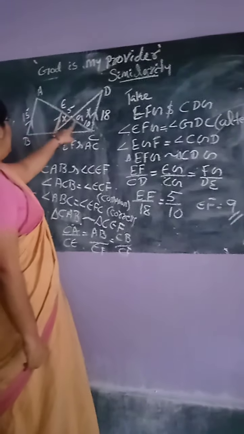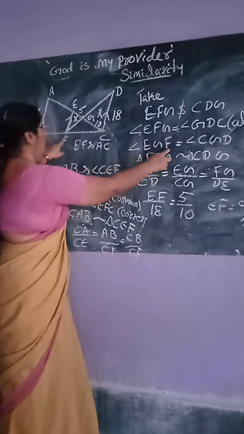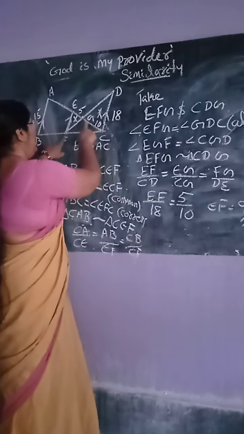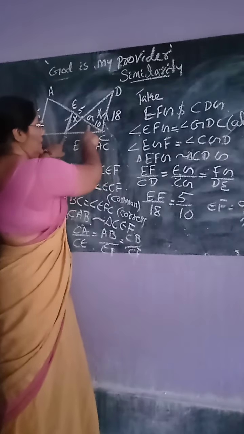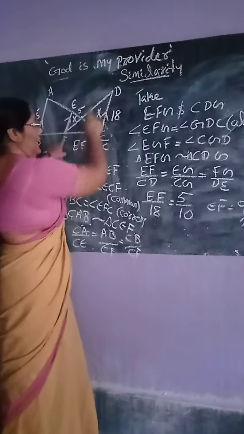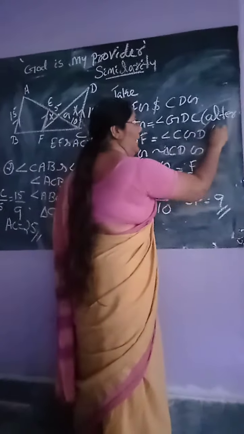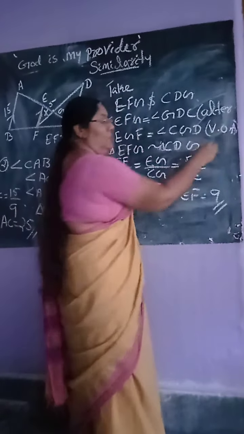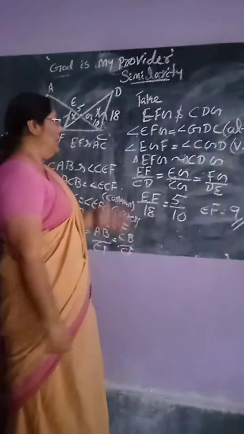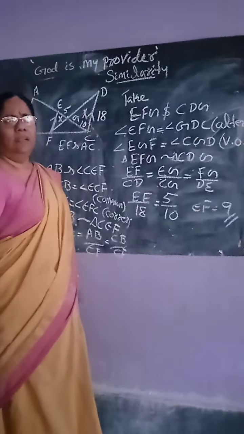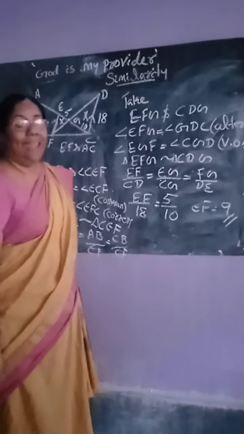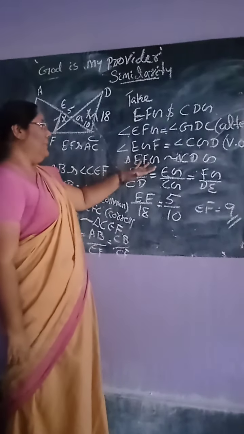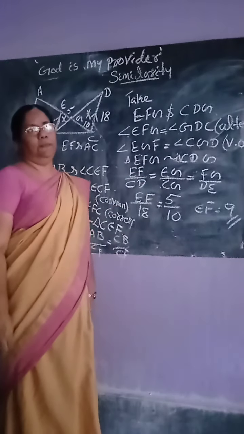Then EGF and CGD are vertically opposite angles. Therefore, by AA similarity theorem, the two triangles are similar.